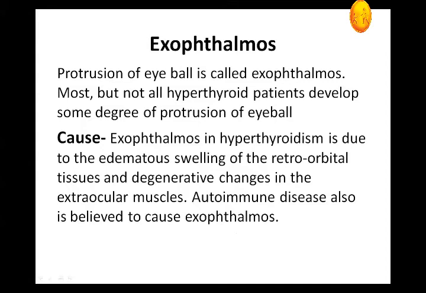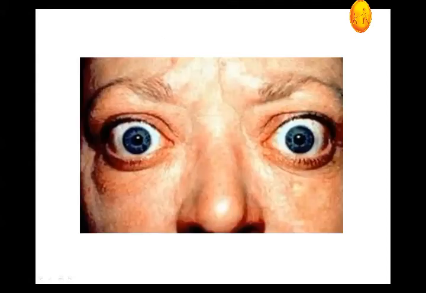So one sign of hyperthyroidism is exophthalmos. See this figure? This picture shows a lady with hyperthyroidism showing the sign called exophthalmos, protrusion of the eyeball.